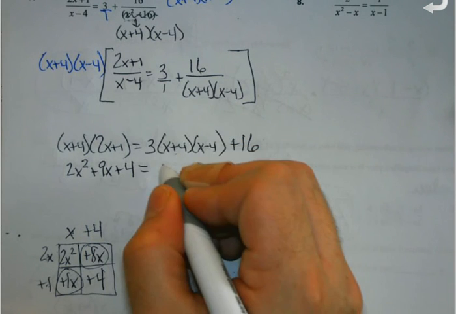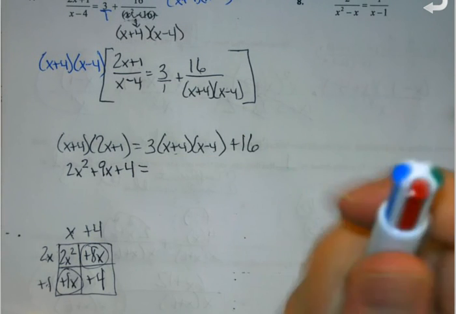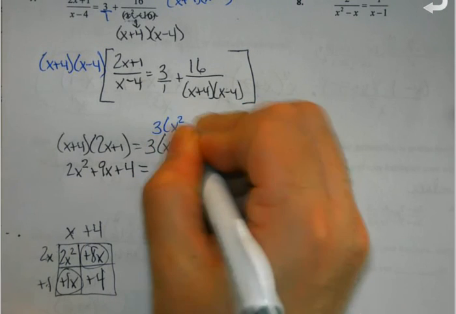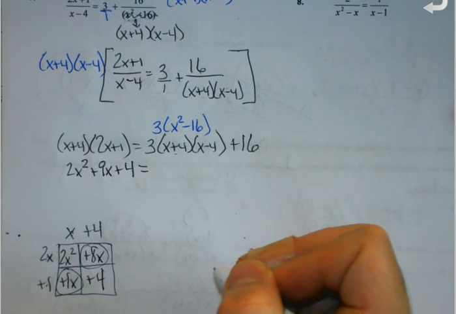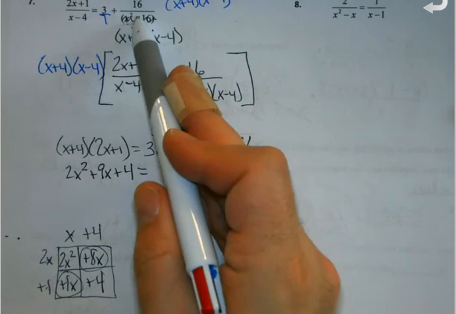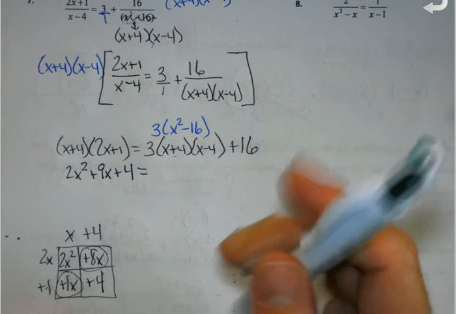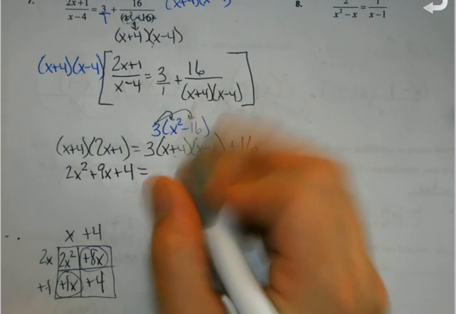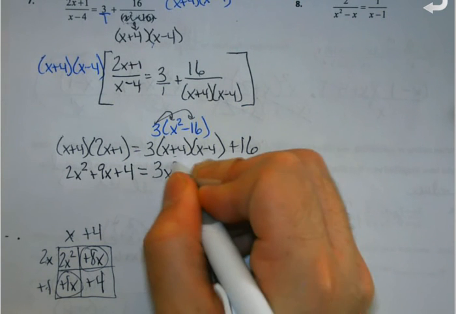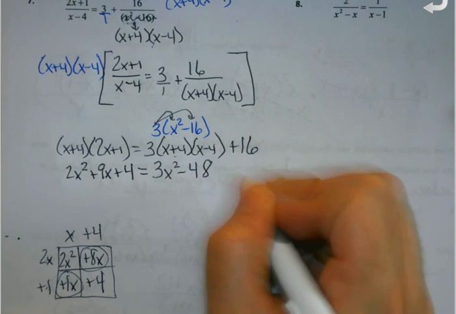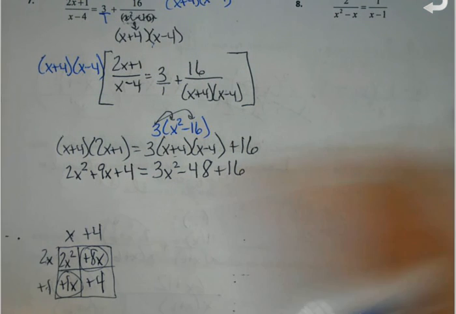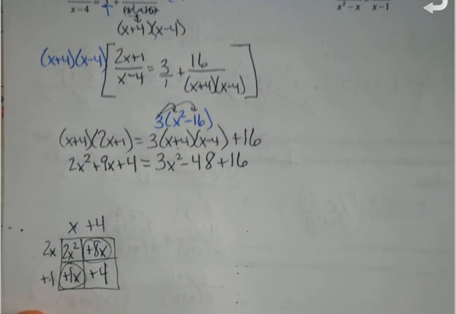So basically what this is, and I'll write it up above here, is 3 times x squared minus 16, because this is what that factored into. So if I remember that, then I just have to distribute my 3. Otherwise, if I boxed it back out, it's not a bad thing. I'm still going to get to the right answer. And I get that simplified out.